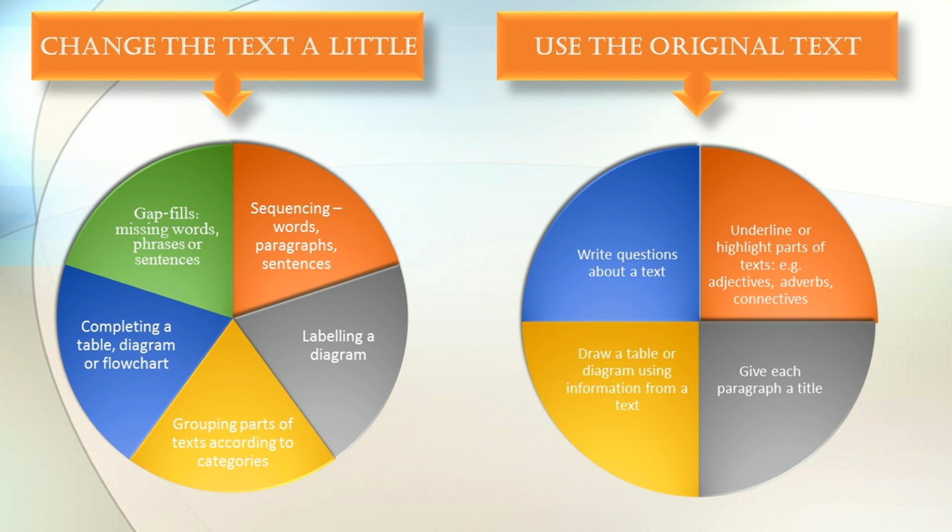They can write questions about the text, draw tables based on the text, underline or highlight parts of texts, for example, identify all adjectives, adverbs, connectives or prepositions, or by giving a paragraph a title. There is a lot to choose from.